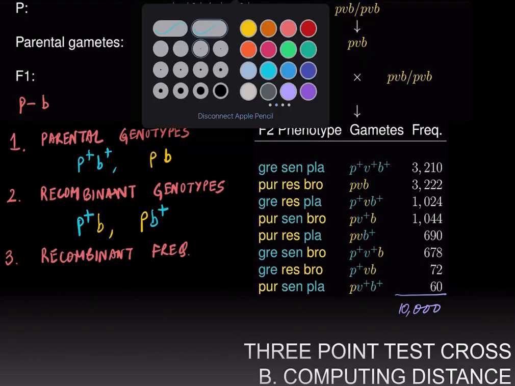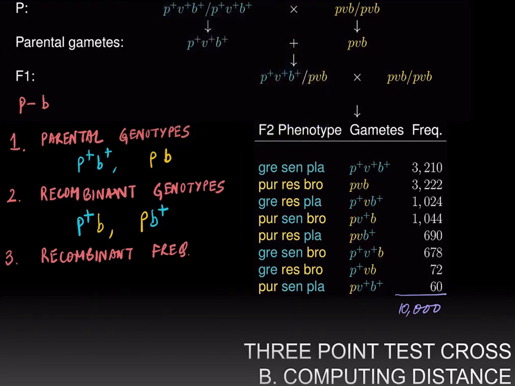As the third step, we can go hunting in our table looking for P plus B, and we find P plus B over here and over here, and now we can look for PB plus, and that's over here and here.